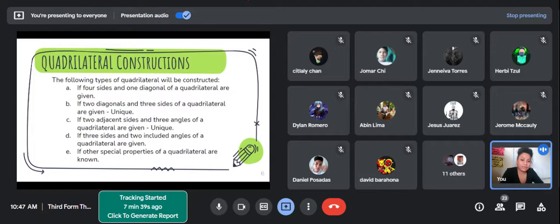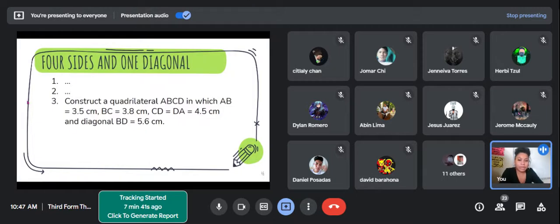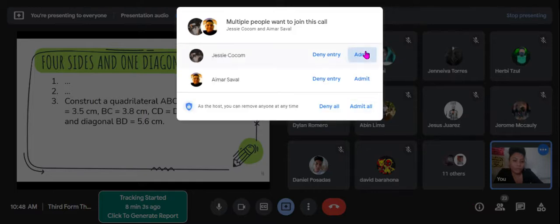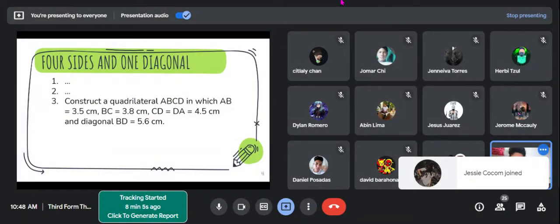Today we're going to look at question number three, which is the same as number one, where they give you four sides and one diagonal. What we want to understand from this drawing is that they're giving you A, B, C, D. Let me connect to my Jamboard and see. I'm going to share this screen instead.